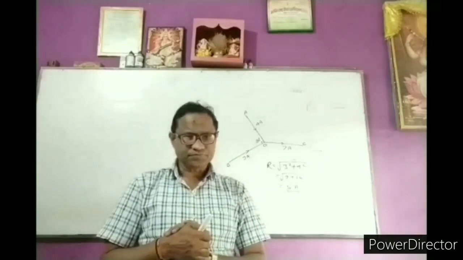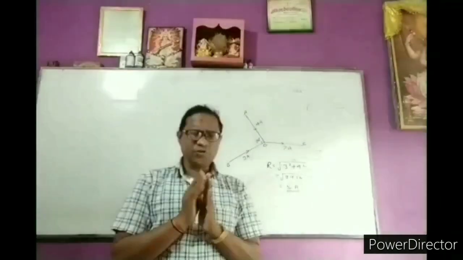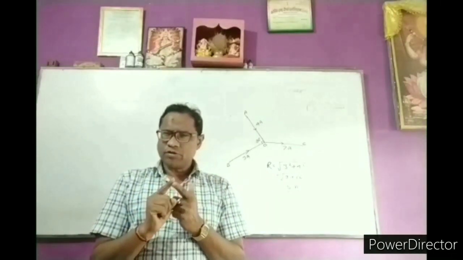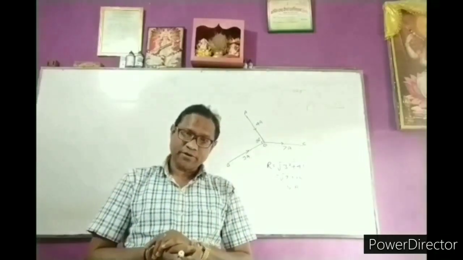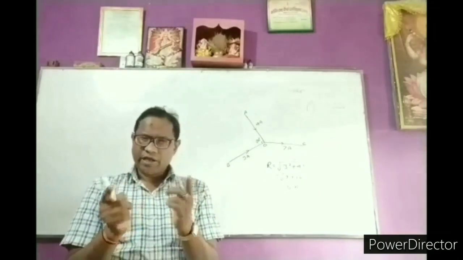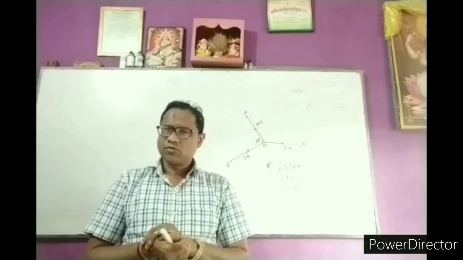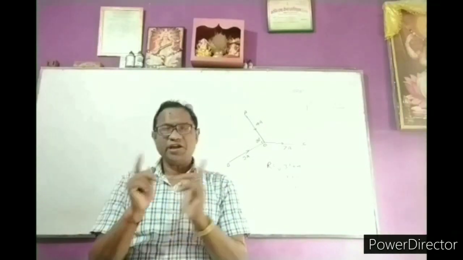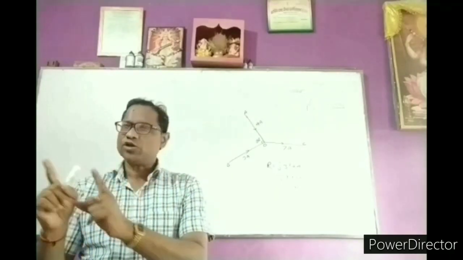In metals, atoms are bonded strongly with each other and occupy fixed positions. But the free electrons, in absence of an electric field, move in random fashion in different directions with different velocities.